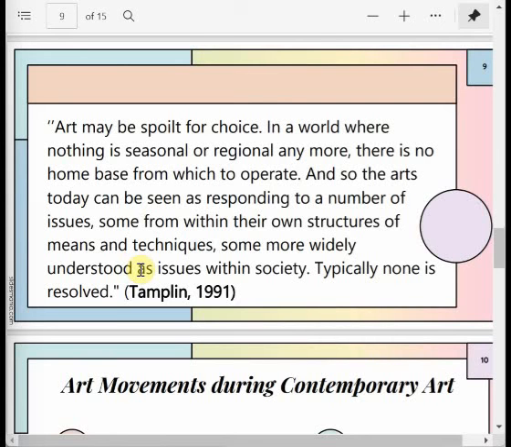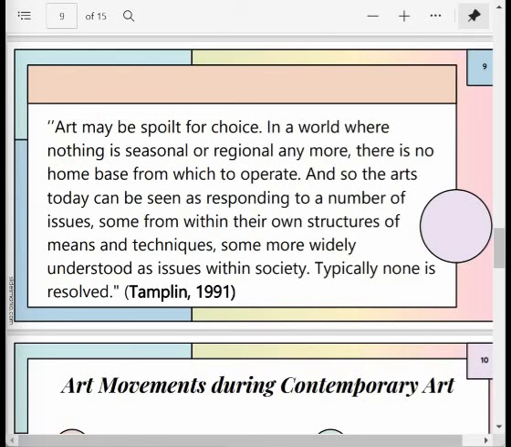And so the arts today can be seen as responding to a number of issues, some within their own structures of means and techniques, some more widely understood as issues within society, typically not as resolved. So there is a potent source of reference so that the artist may continue to question the existing and emergent values of society.